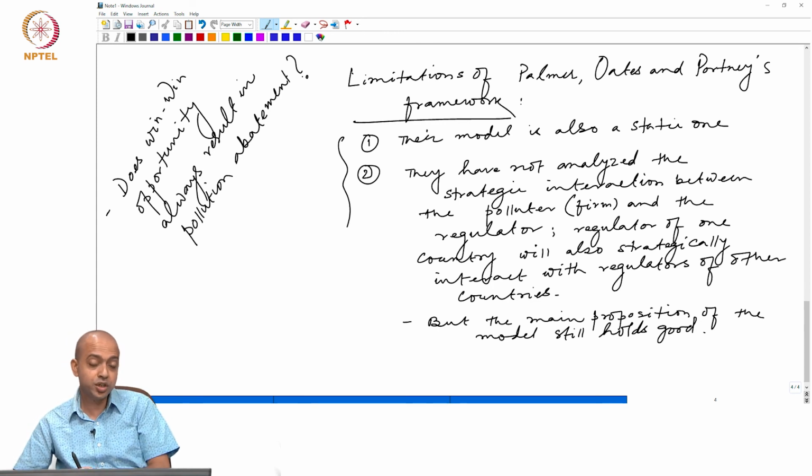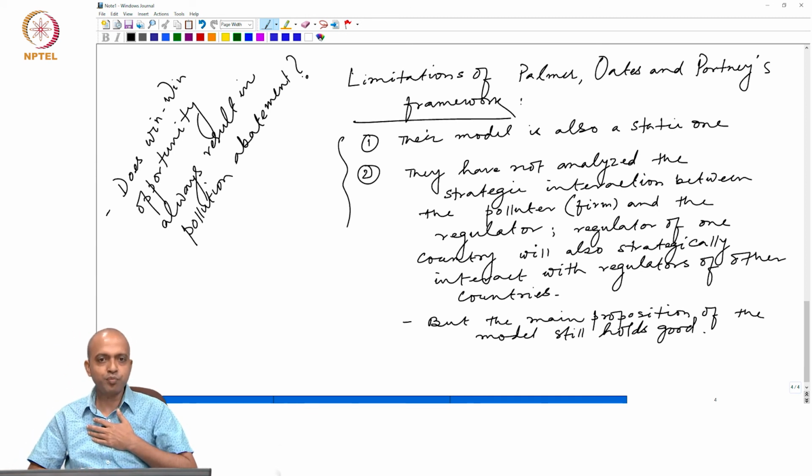But if we ask this question, even if such a win-win opportunity exists, whether such an opportunity will always result in pollution abatement or not. And I have one paper exactly on this title, where I examined this particular question, and I showed that even if there is a win-win opportunity resulting from the regulation, there is no guarantee the firm will always go for pollution abatement.